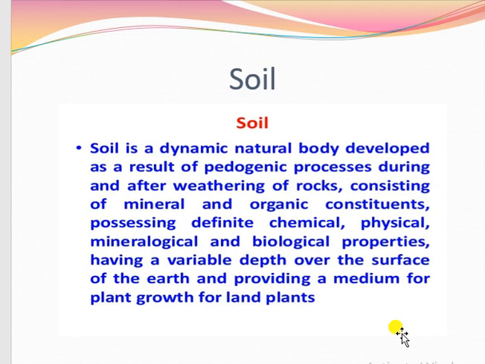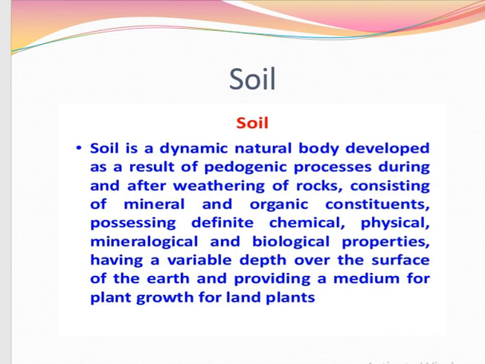It is a result of certain pedogenic processes which are responsible for formation of soil from earth crust. Soil develops from earth crust over a period of 10,000 years to produce 1 kg, meaning 1 kg of fertile soil.